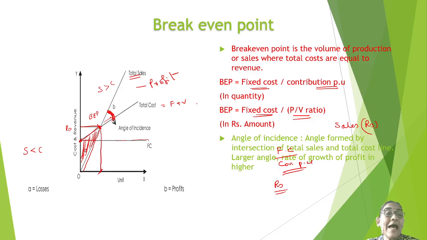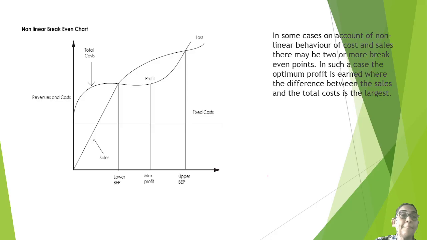Now, this angle of incidence that I told you about is formed by the intersection of the total sales and total cost lines. The larger the angle, the higher the rate of growth of profit, and vice versa. Sometimes there cannot be a linear relationship between sales and cost. In that case, the non-linear break-even chart will look something like this.